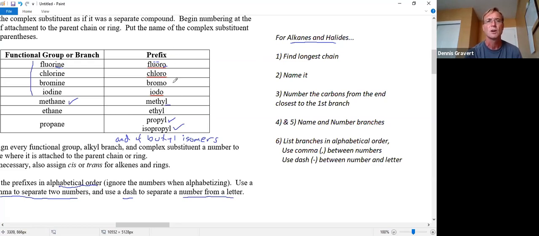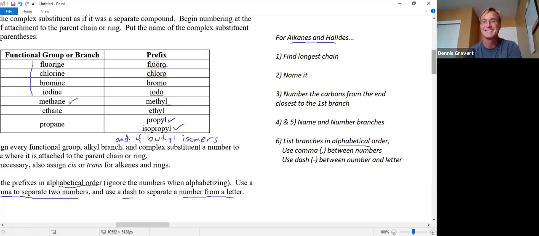Not all of them, but most of the prefixes you'll need, the most common ones, and today these are all the ones you need. We'll add di-, tri-, tetra- in case a group shows up more than once. That's steps 4 and 5. Then finally step 6, construct the name. Group all the prefixes out in front of the parent, put them in alphabetical order, and use a little grammar: separate numbers with commas, separate a letter and number with a dash.